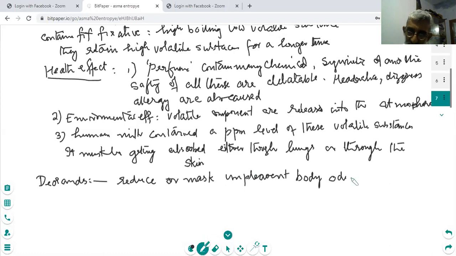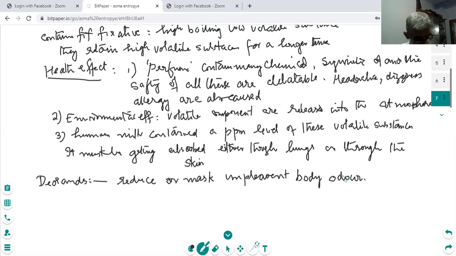Now you have to remember the body odor is actually caused by microorganisms. Okay, so that is what you have to remember. Much of the things are being done by the microorganisms.